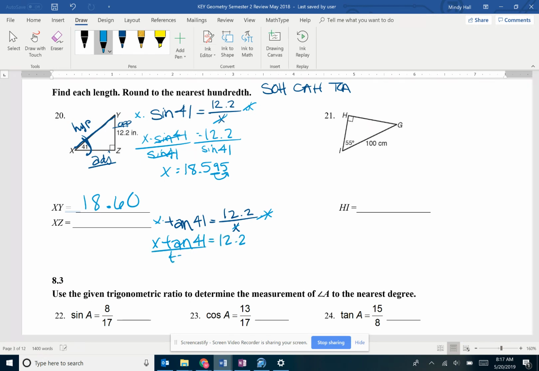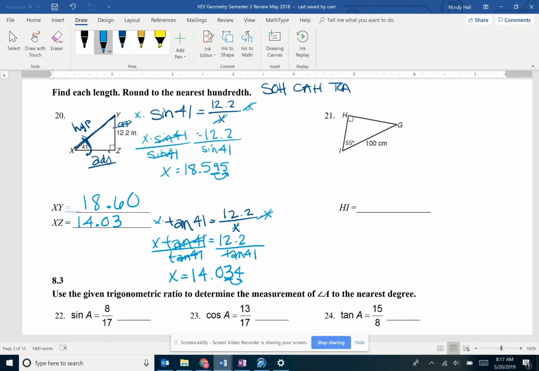Then divide by tangent 41. So x equals 12.2 divided by tangent of 41, which is 14.03. And it's 0.034, so we're just going to round and keep that 0.03 because that 4 tells us to keep.